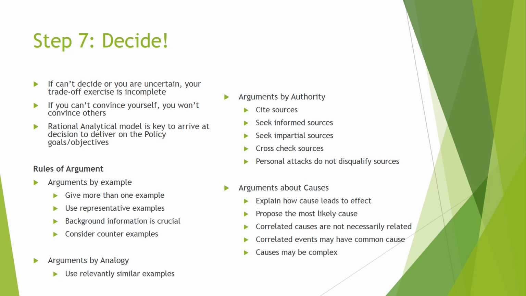That cross-checking is what I mentioned closer to the beginning, where I talked about triangulating. Your sources, wherever they're coming from, need to all lead to the same conclusion. Okay? Personal attacks do not disqualify sources. Okay? That doesn't help, but it doesn't disqualify.